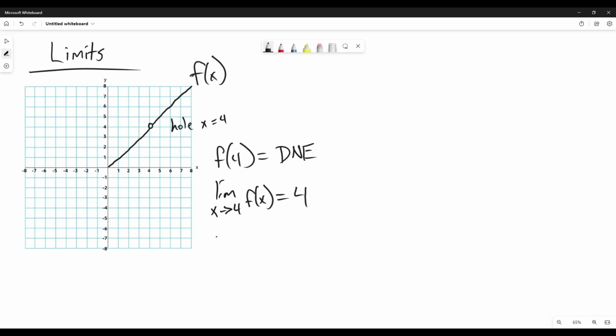And you can prove that by saying the limit as x approaches 4 minus of f of x equals 4. Because remember, this is an infinitely lengthening number like 3.9999, just barely not equal to 4, just a bit smaller. And that will tell you this will be equal to a number equally close to 4.